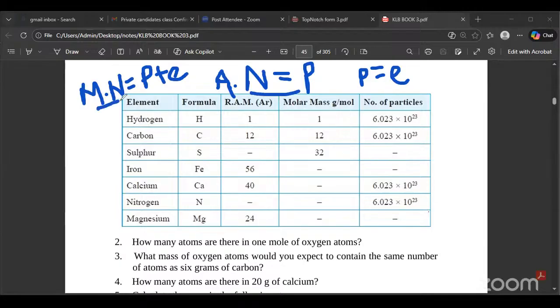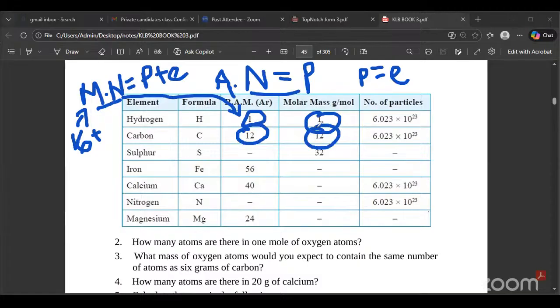The bigger value is the mass number, which is also the RM. So if we have the atomic number of sulfur to be 16, we must add another thing for us to get the mass number. The reason I wanted to do that is, I want you to see this one has 1 and the molar mass is 1. Carbon is 12 and the molar mass is 12. Now the molar mass of this one is 32. So actually the RM of this one also becomes what?